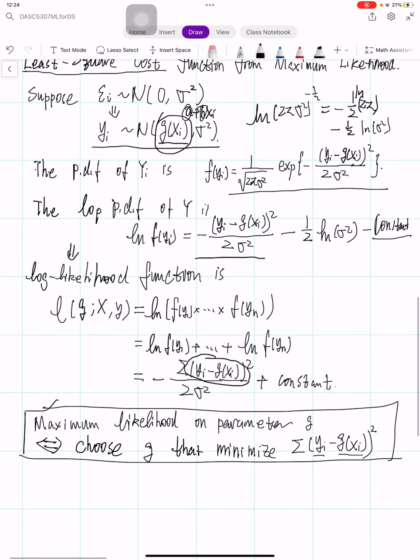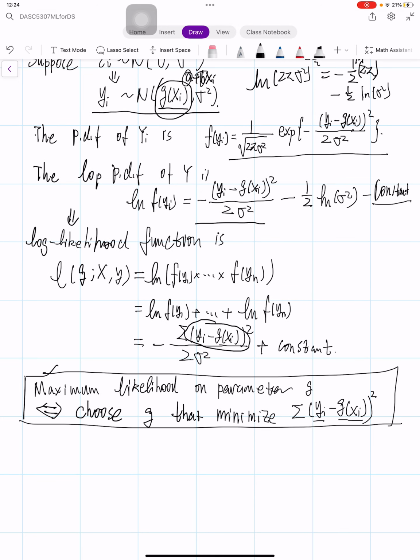So this is exactly the mean squared error loss, in other words the least square error loss.